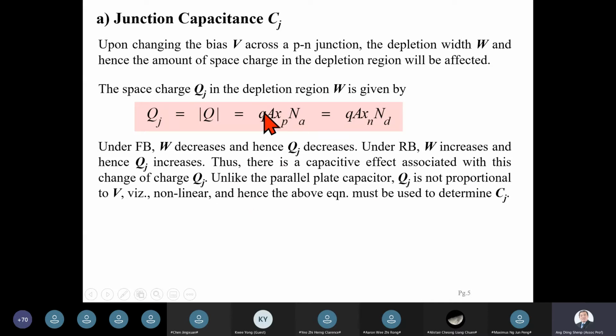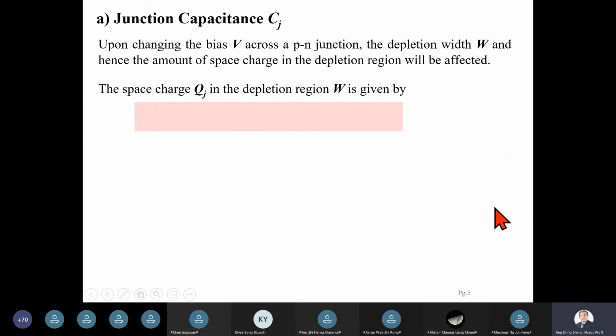Later on, as we proceed with the mathematical derivation, you will realize that in the case of a PN junction capacitance, the amount of space charge stored is not proportional to V. In fact, it has a nonlinear dependence on the voltage. You will soon see that clearly. So the ratio of Q over V cannot be used to determine or to define Cj. Remember I told you earlier here?